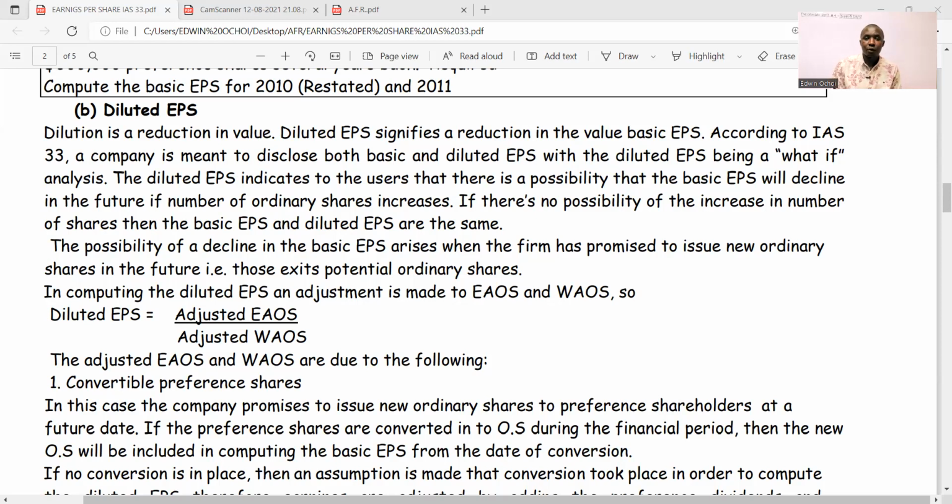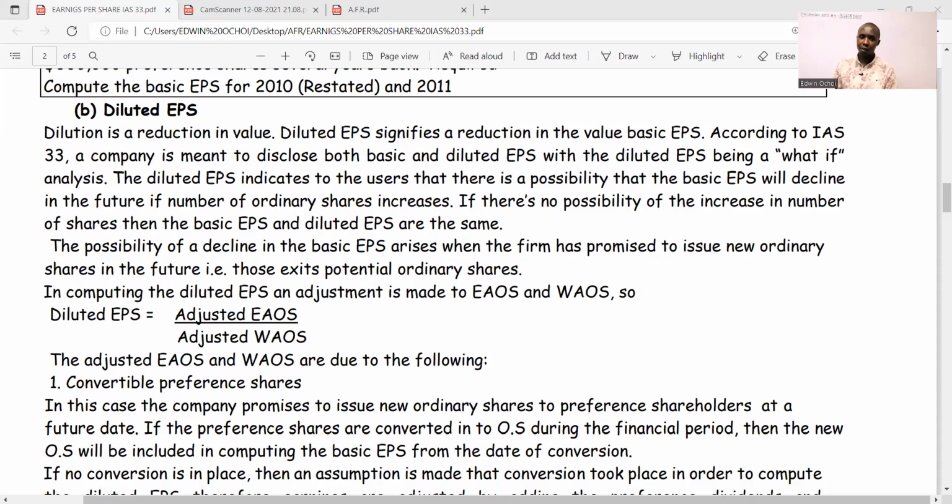They are increasing from the conversion of potential securities to ordinary shares. These potential securities are securities which are likely or unlikely to be converted to ordinary shares. The potential securities are the securities which bear the word convertible.